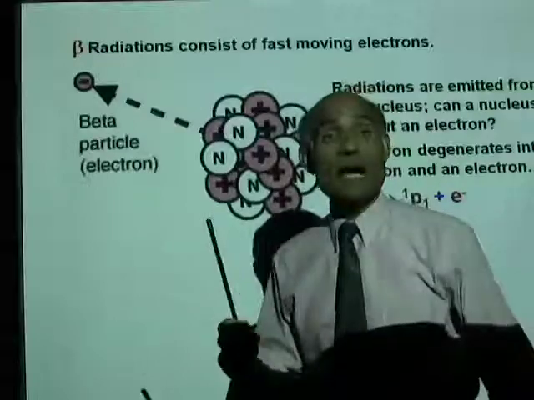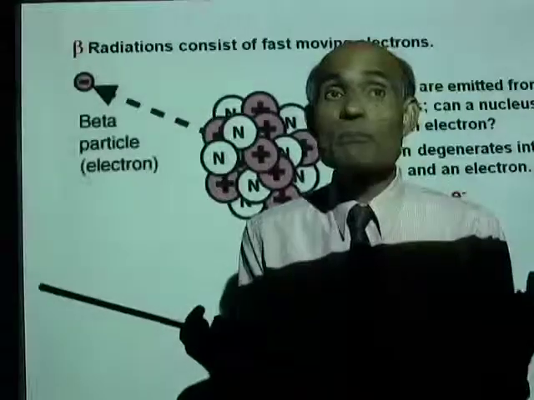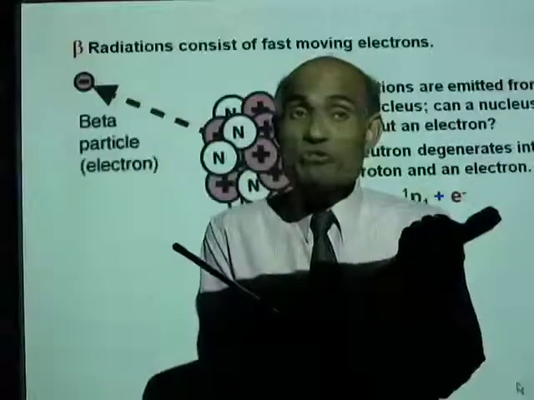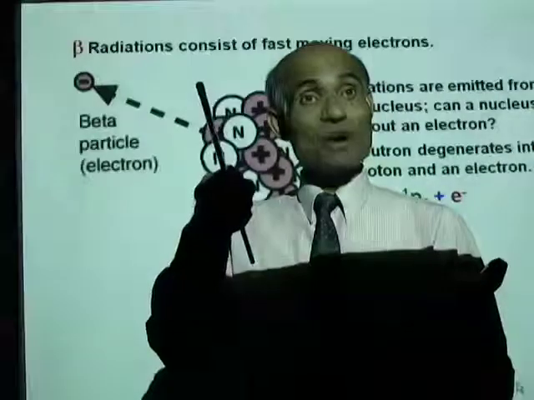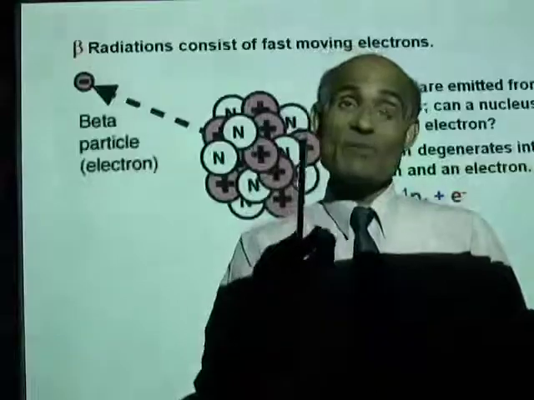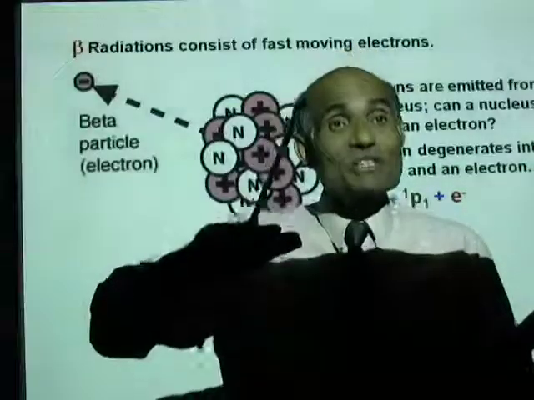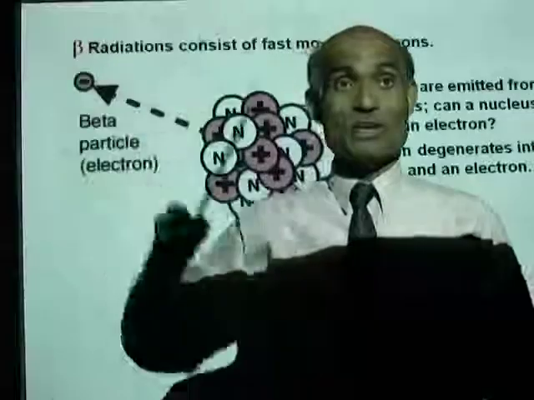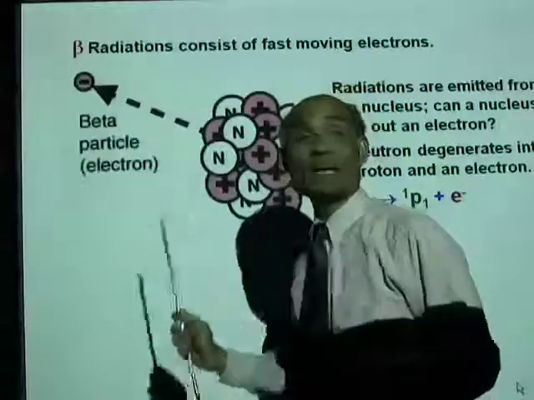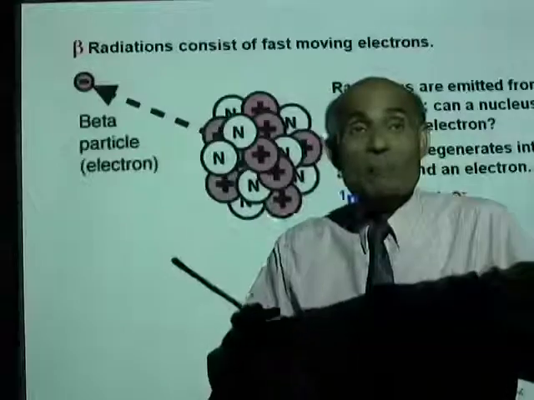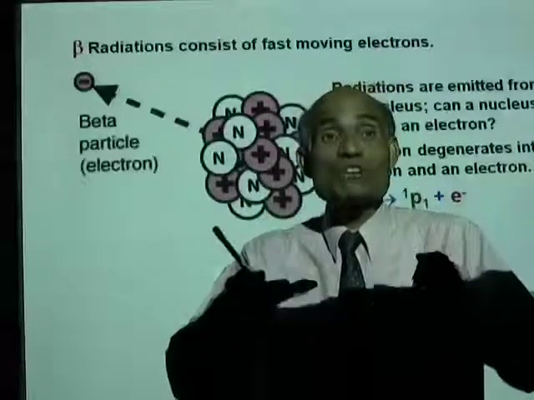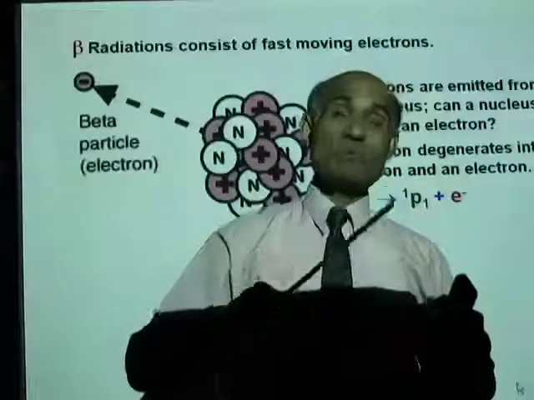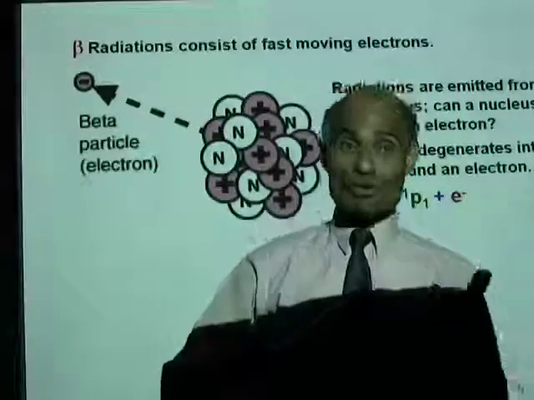Now that means an important change has now happened to the nucleus. What is that important change? In place of a neutron, now you have a proton. Now, when you have an additional proton, the atomic number will increase by 1. So, as a result of a beta emission, the atomic number of the remaining nucleus is 1 unit greater than the atomic number of the original element.